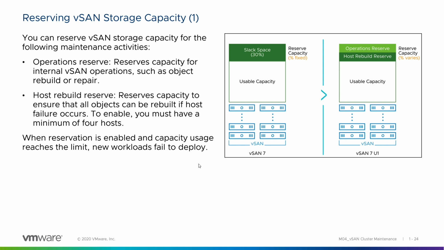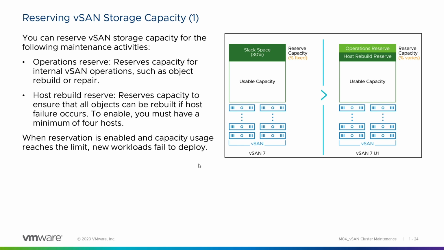Now, in the statements on the left side, they explain to you what these are. So notice, instead of having to manually always take into consideration slack space, in 7.0 Update 1, you can reserve a chunk of the space for either operations or host rebuild operations.